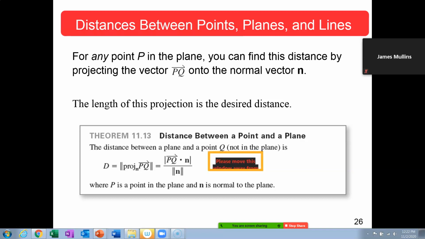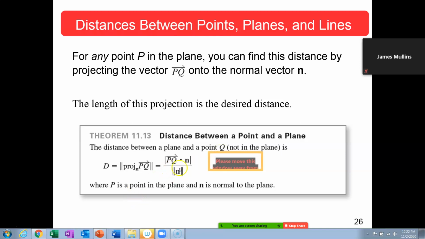Okay, but James, as we were talking, we're in chapter 11, Vectors in the Geometry of Space, section 11.5, Lines and Planes in Space, and we were making reference to this theorem 11.3, which gives you the distance between a point not on a plane and a plane, and they give you some point that is on the plane. So P is on the plane, Q is not on the plane, and you want the distance from the plane to that point Q not on the plane.